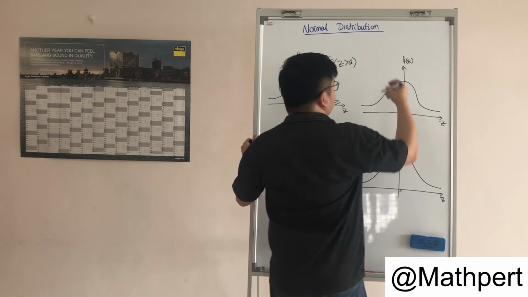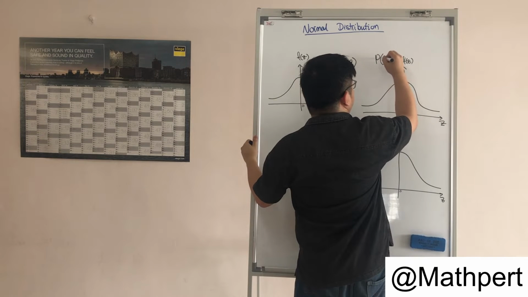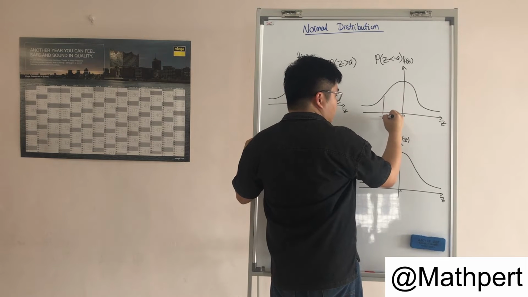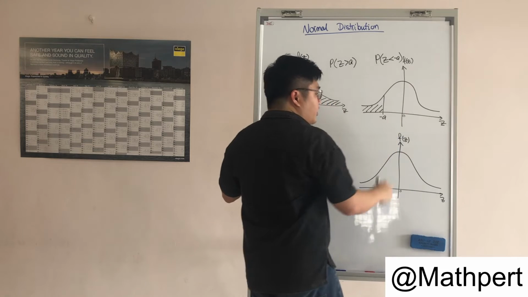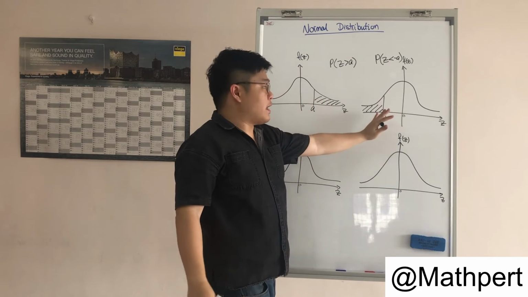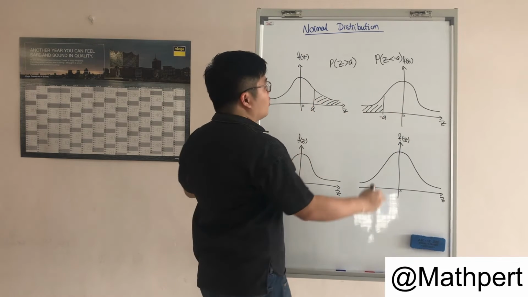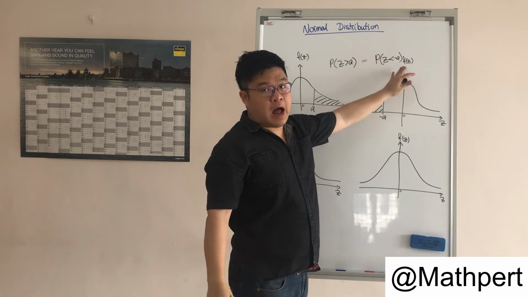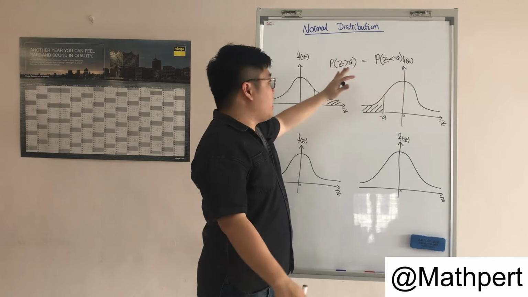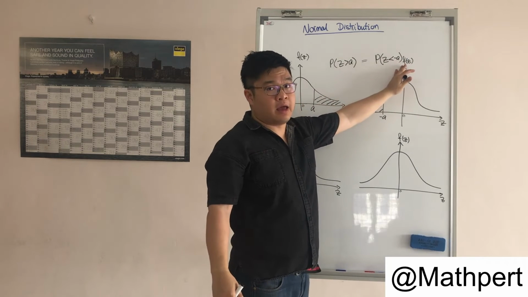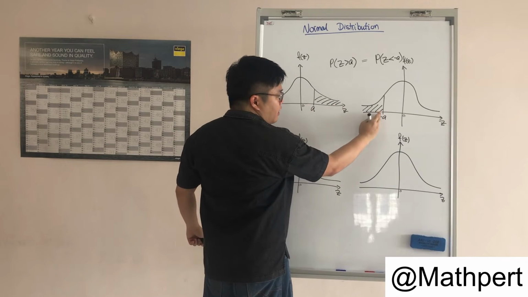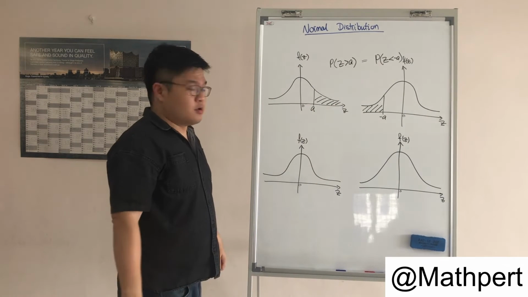If the question gives us P(Z < -a), they are referring to the shaded region smaller than -a. Take note that these two are the same, provided a is equal to a. So the area here and the area here are the same.